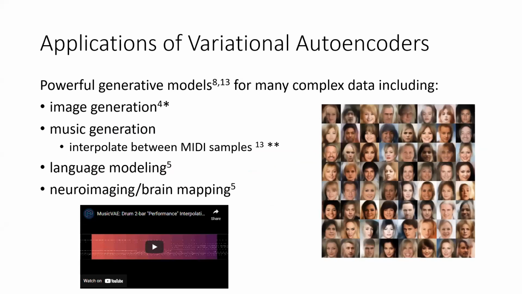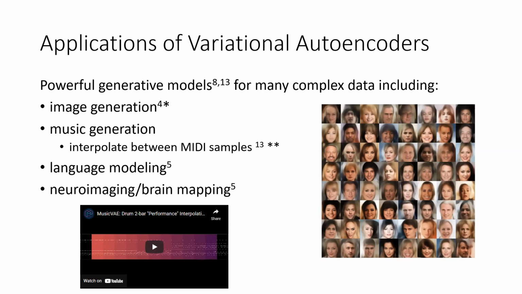Before going to the applications, we'll see some examples of how variational autoencoders have been used. Although they had been respected as an idea from the beginning, they had a hard time keeping up with the GANs that we're going to see next in applications where both of them were used.